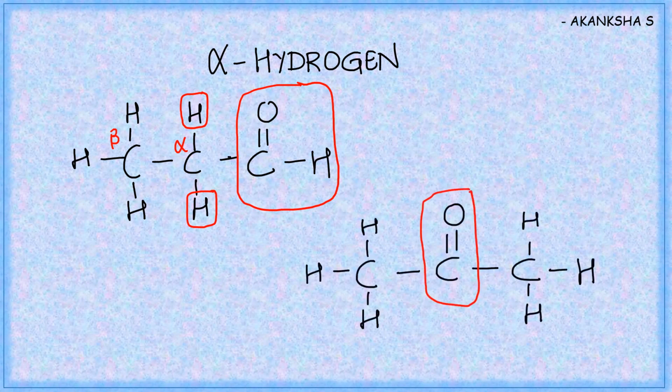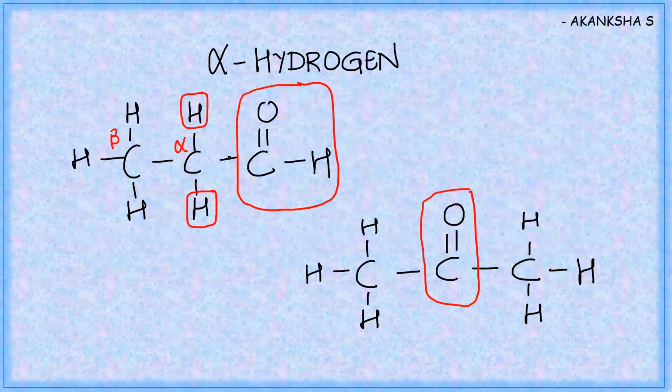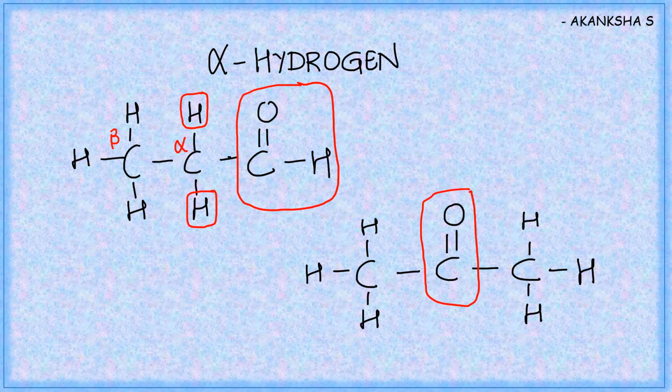Let's take another example over here. Fine, we have a ketone. And as you can see, ketone carbonyl groups are not the terminal functional groups. They lie somewhere in the middle of the compound, not at the end. So any carbon that is attached to a functional group is called an alpha carbon.